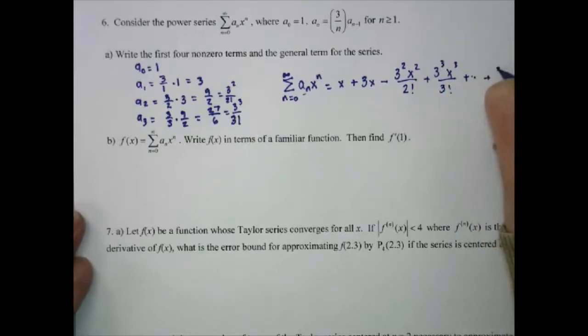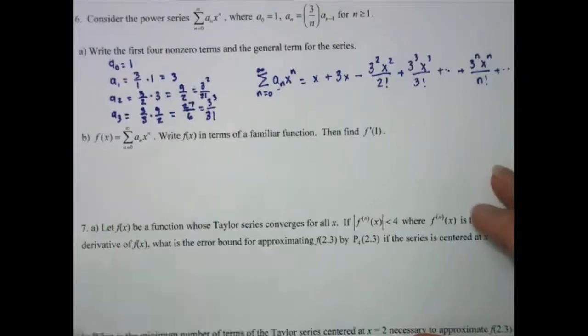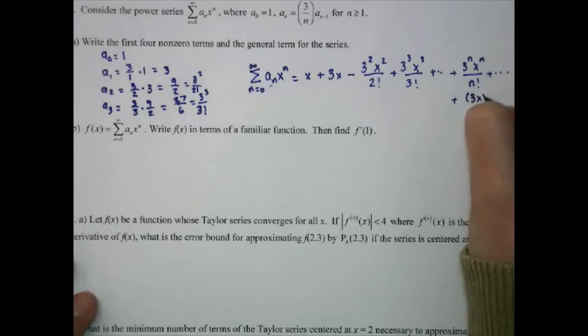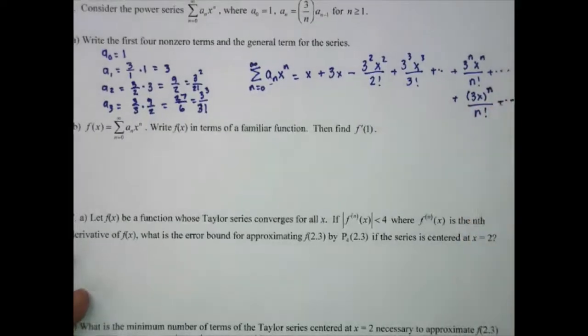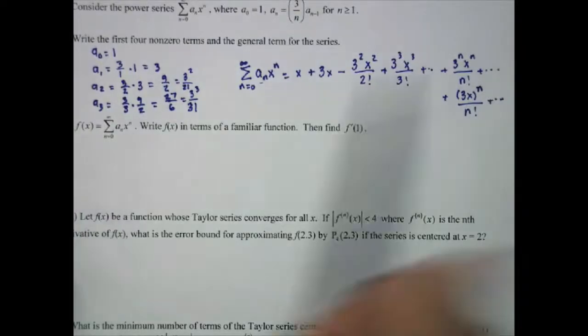So this is going to be 3 to the n x to the n over n factorial. Okay, which should seem similar. I could rewrite this as 3x to the n over n factorial. And this is our formula for our series for e. But instead of x to the n, we have 3x to the n.